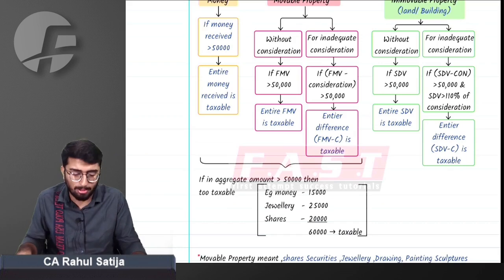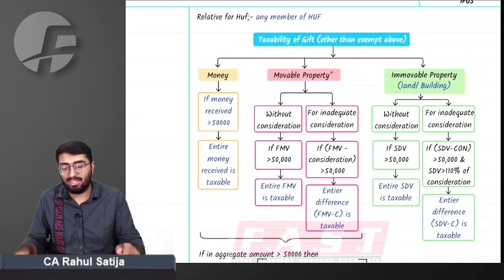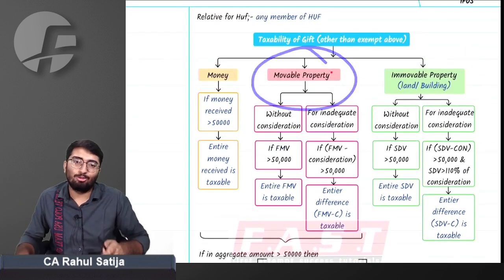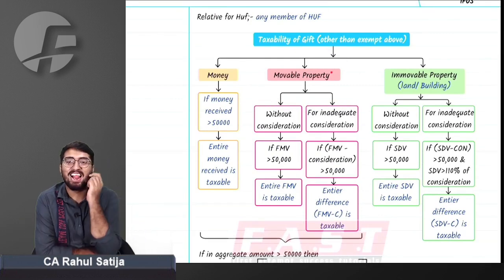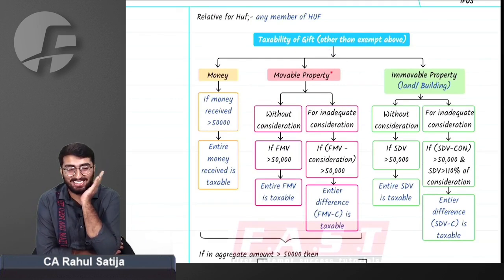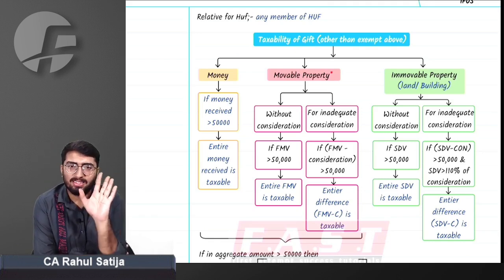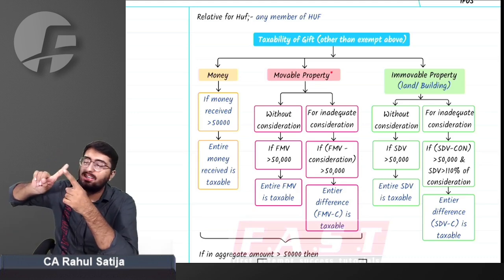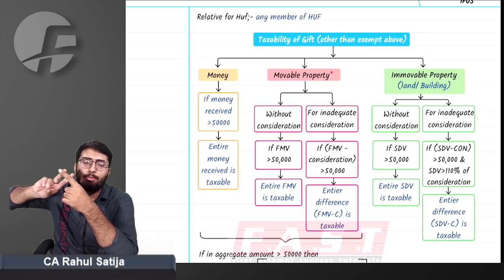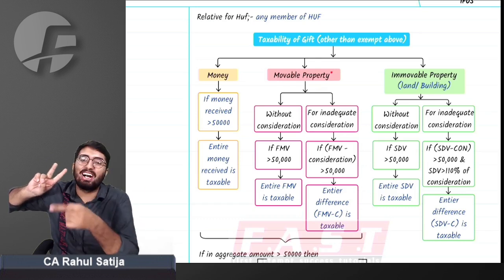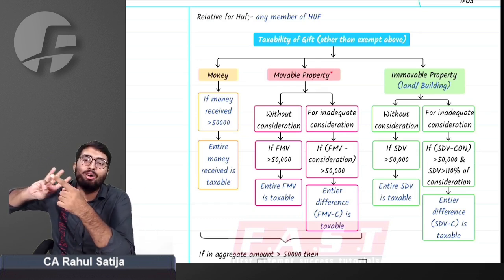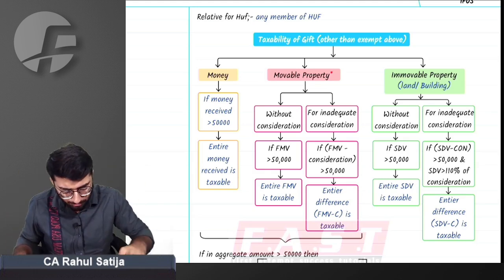Okay, yes, sir. Now the most important thing, sir. What is movable property? Sir, for the purpose of section 56(2)(x), movable property implies any kind of securities, shares, jewelries, bullion, artistic work, any other form of art, paintings, sculptures, or any kind of virtual digital asset.